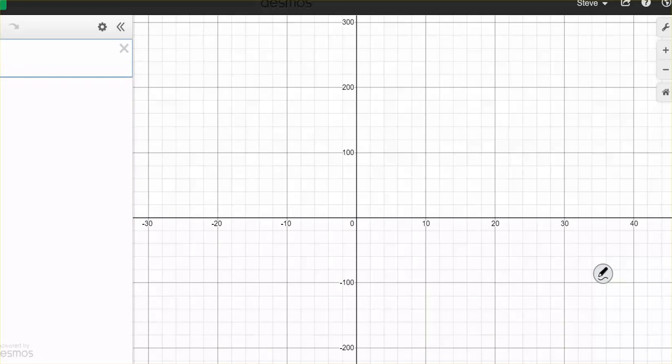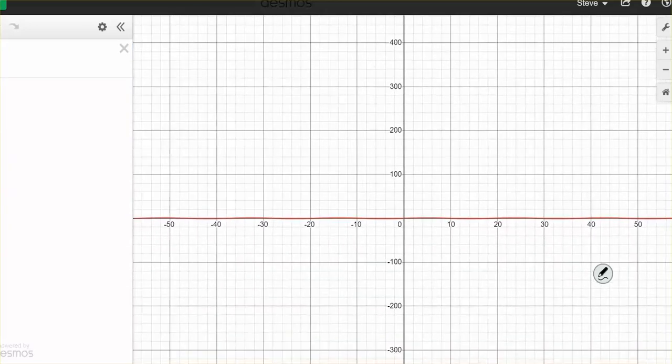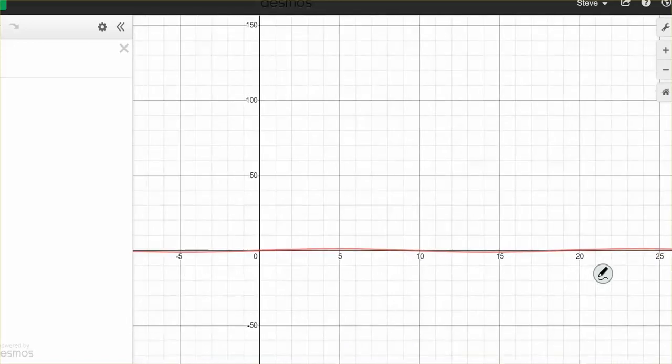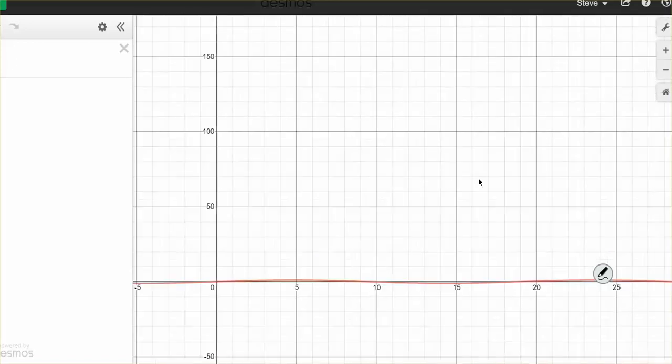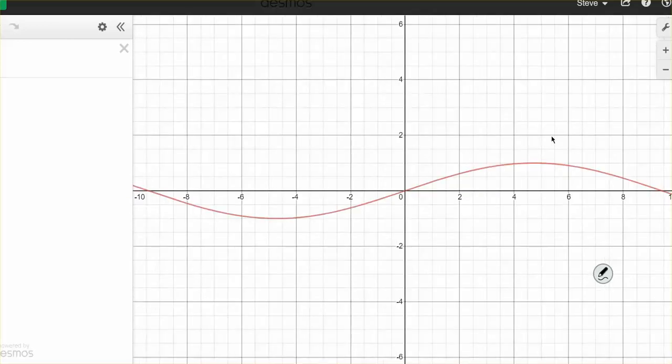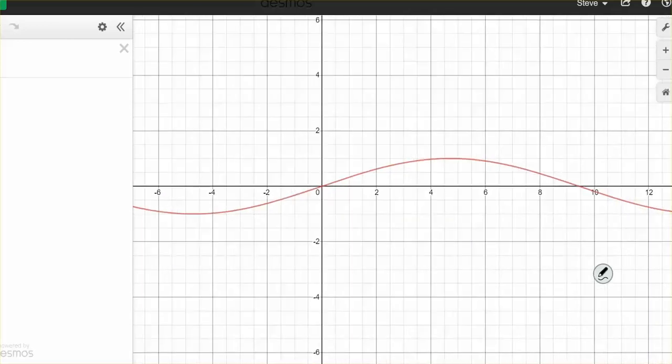X over 3, there it is. So here is 2 pi, and we have to go to 6 pi.